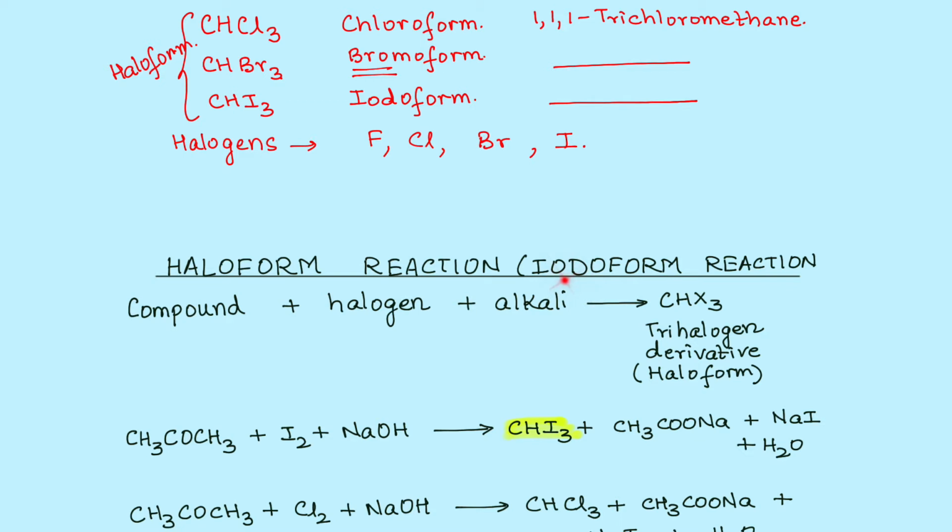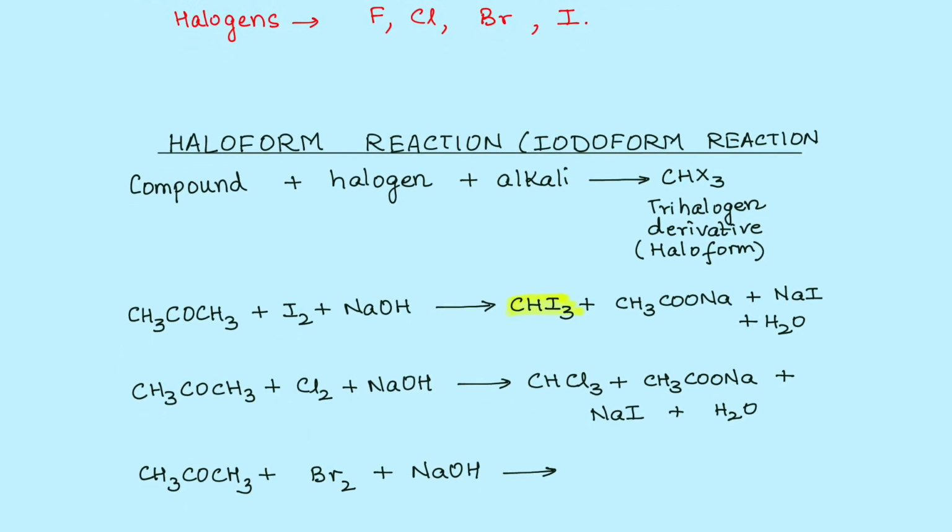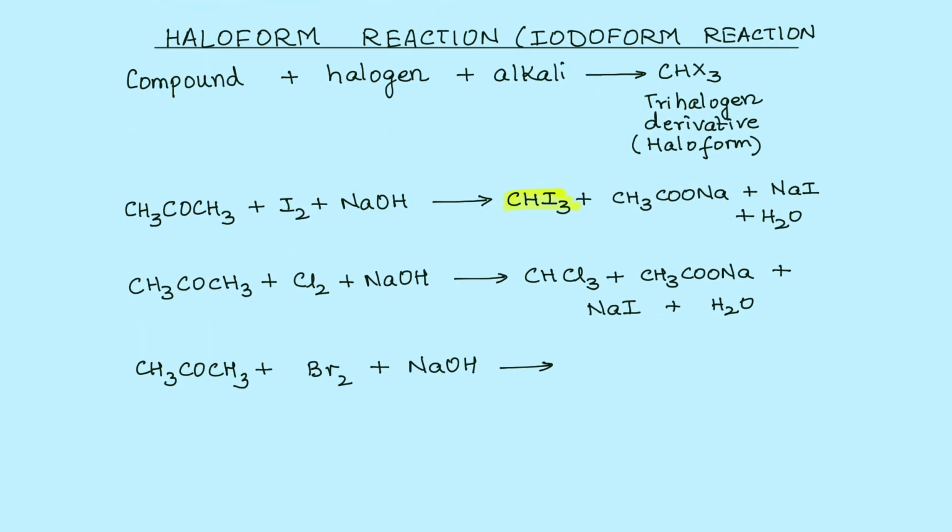So I hope it makes the concept of haloform clear. And if you notice, I've written in brackets iodoform reaction, because that's our main concern over here. That's what is going to lead us to a very interesting observation. If you take an organic compound reacted with halogen in the presence of an alkali, I will get one of these haloforms.